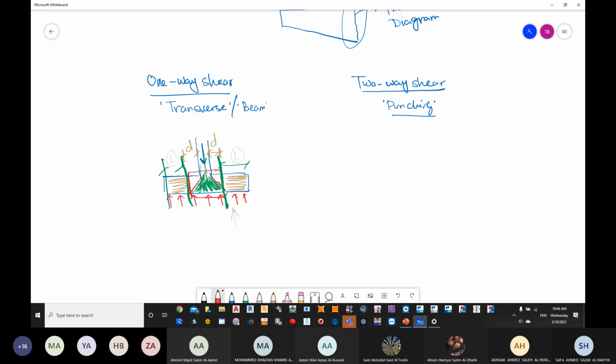It is something similar to having a paper and then you are trying to apply a downward force. Whenever you try to cut, you will see that it's impossible for you to cut exactly at the side of the element. For example, if I have a bottle and I'm pushing my bottle to the paper, you will see that it is hard to cut exactly at the side of the water bottle.